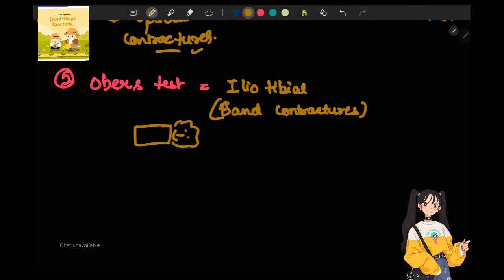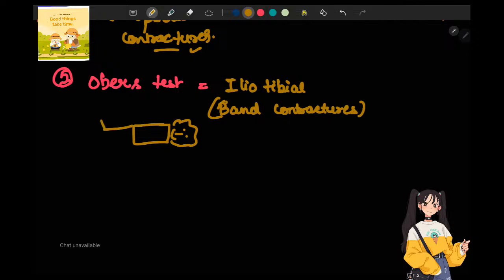One knee is going back and another knee is like this. When you are pulling this knee back and flexing it back, somebody is pushing it like this. So there will be iliotibial band contractures. Okay, Ober's test. This is really confusing, so let's move forward.